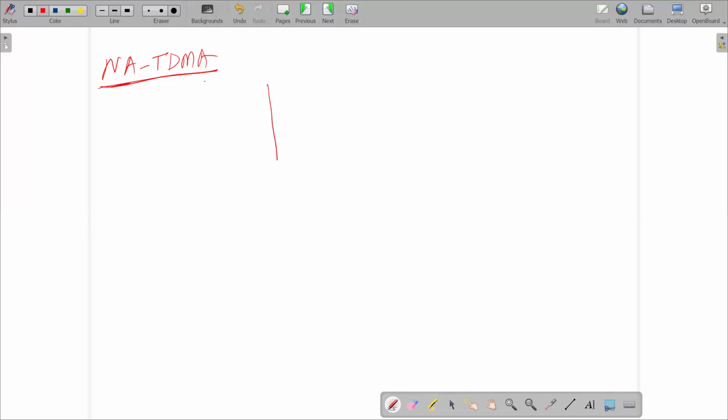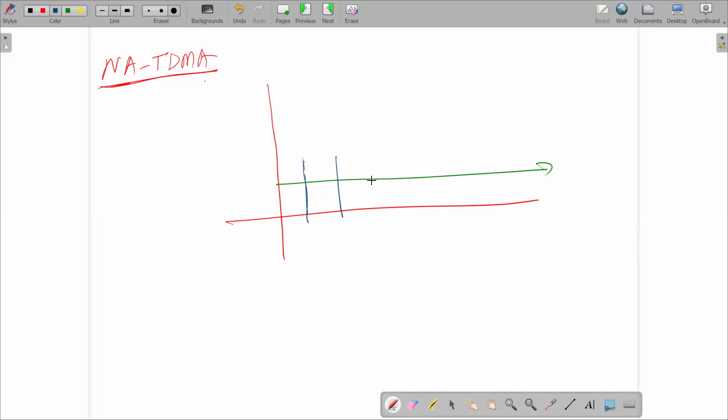For example, this is my frequency. What they have done is sliced the frequency into slots: slot 0, 1, 2, 3, 4, 5, 6, 7, so 8 slots.